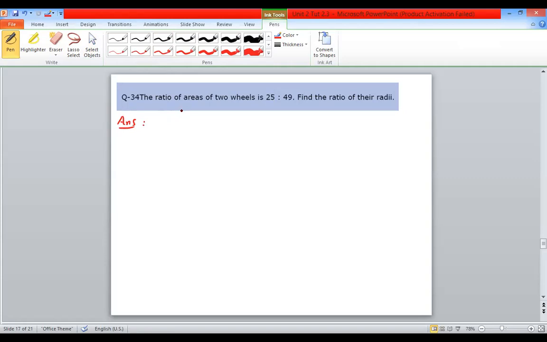Here the ratio of areas is given, that is, two wheels whose areas are given in ratio form. The first wheel's area is denoted by A1, the second area is A2, and it is given to you as 25:49.